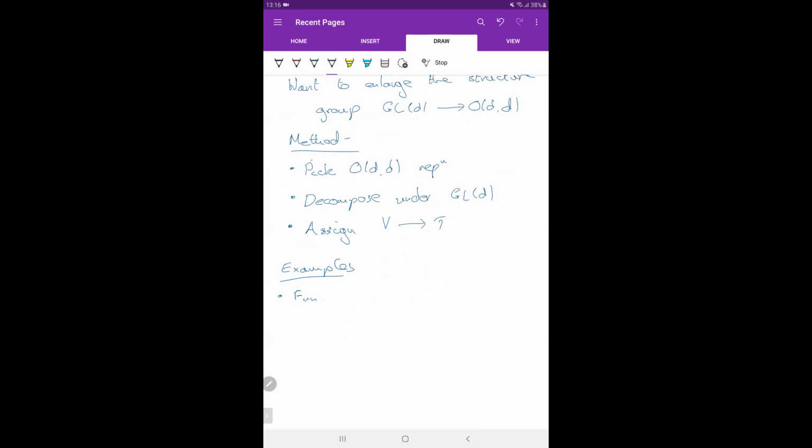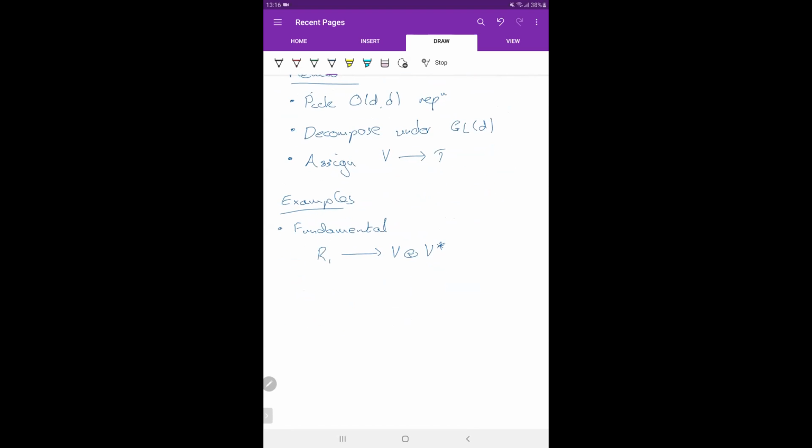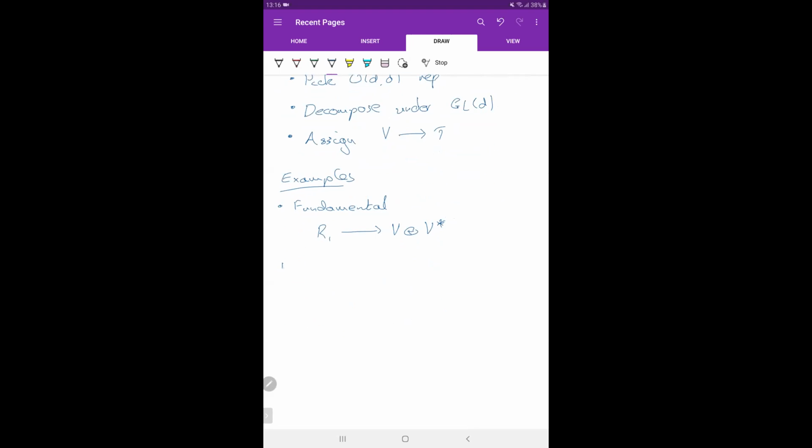So what is the fundamental representation? R^{2D}. If we decompose this under GL(D), we find that it's V plus V star, the fundamental of GL(D) plus the dual. And so this gives us the natural definition of the generalized tangent bundle E takes the form T plus T star locally.